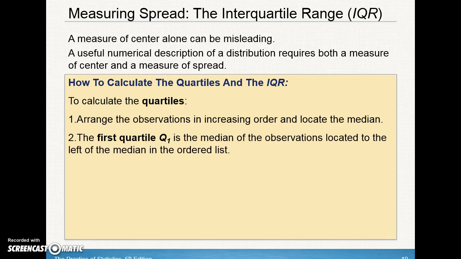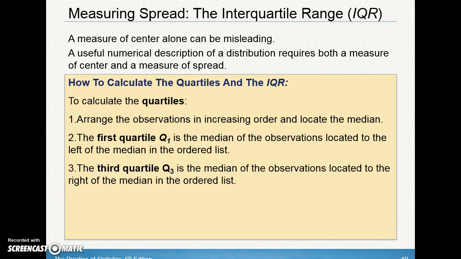Then you find the median of the left half of the data set, and that's called the first quartile. And then the third quartile is the median of the right half of the data set. And your interquartile range, IQR, is defined as the difference between Q3 and Q1. It should be noted that, at least in this course, we do not include the median in the calculation of our first quartile and third quartile. I was never quite sure about that, but our book makes a point to point that out.